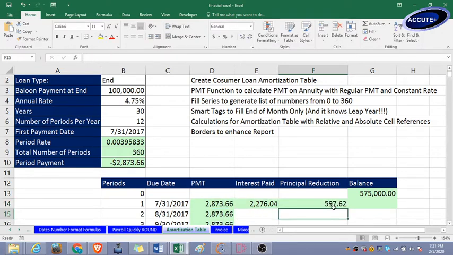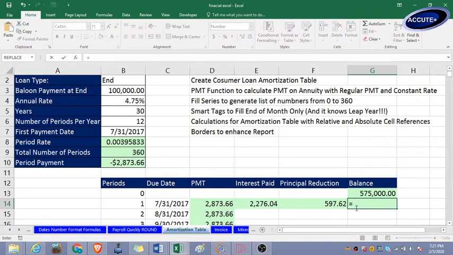So you will have our principal reduction there, and our balance becomes our previous balance minus our principal reduction. Okay, that becomes our balance for the next payment.